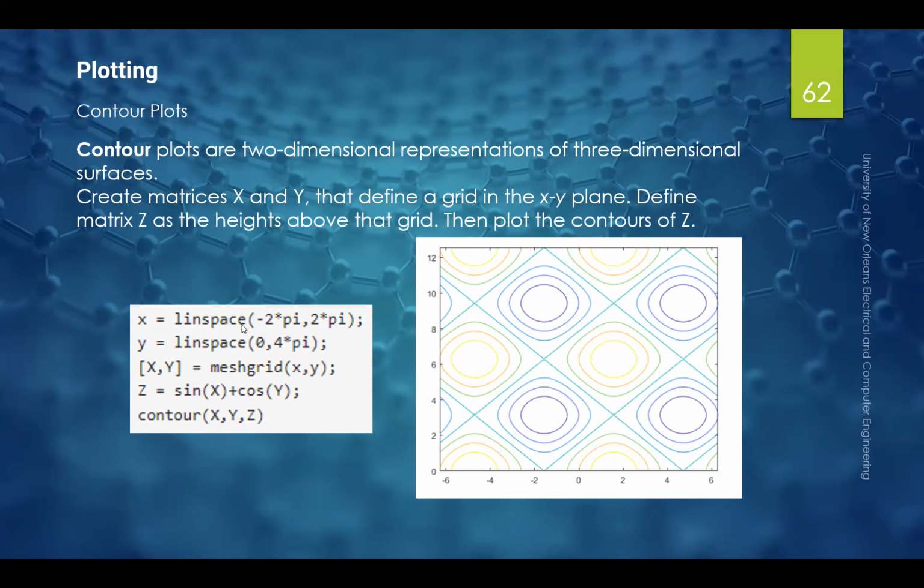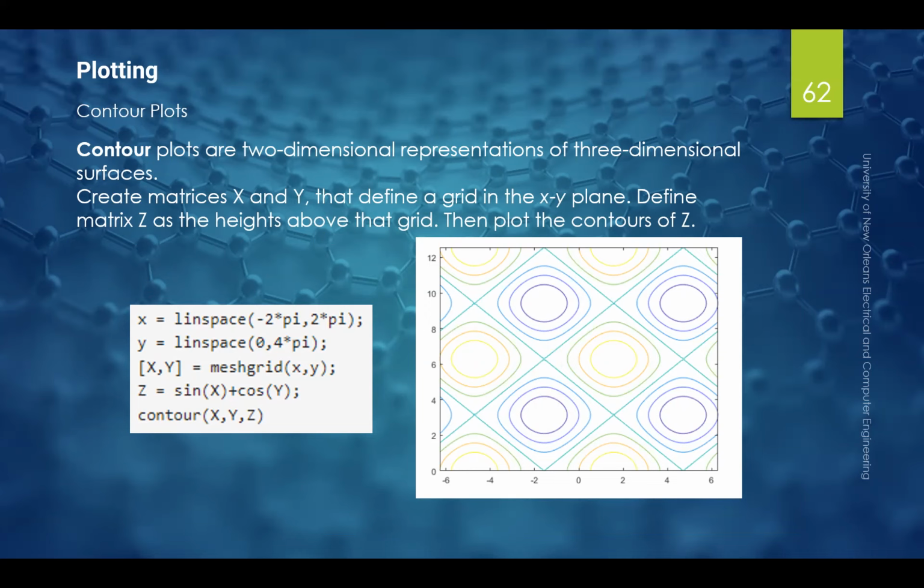So for example, here, we have defined a set of numbers using linspace for X and Y, for X from minus 2 pi to 2 pi, and for Y from 0 to 4 pi.